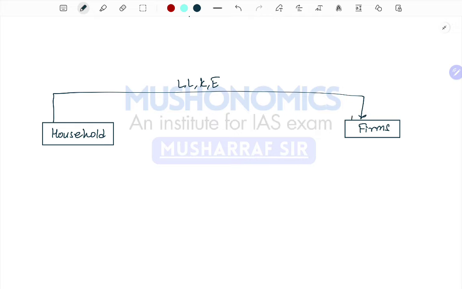Okay, now see, firms will provide rent, wages, interest and profit. Now I am introducing one more sector here, known as financial institutions, for example banks.